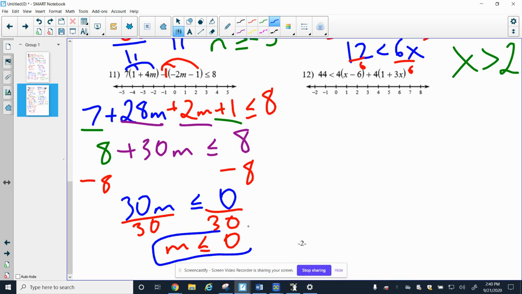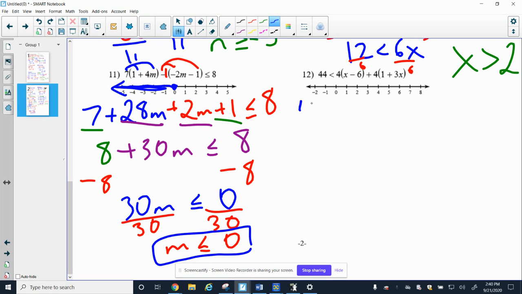Okay, so m is less than or equal to 0. So less than or equal to, closed circle at 0. We want all the values less than 0, so we're going to shade to the left. Okay. Why don't you guys attempt number 12?